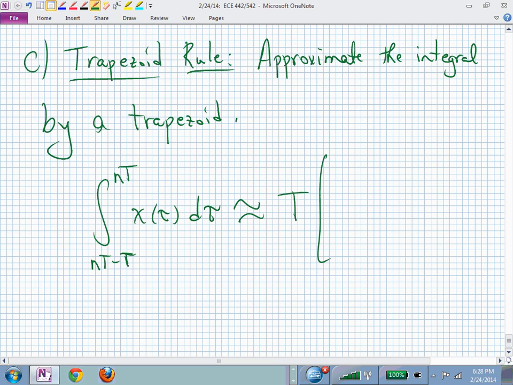And now we've got a trapezoid. So that now we have x of nT plus x of nT minus T over 2. And really, one way of thinking of this, if you wanted to, we're basically averaging the forward and the backward approach that we just did.